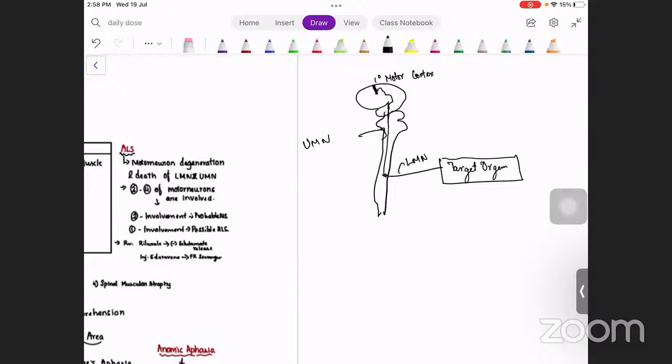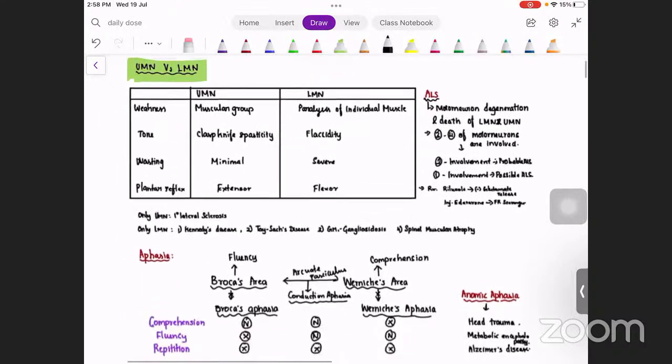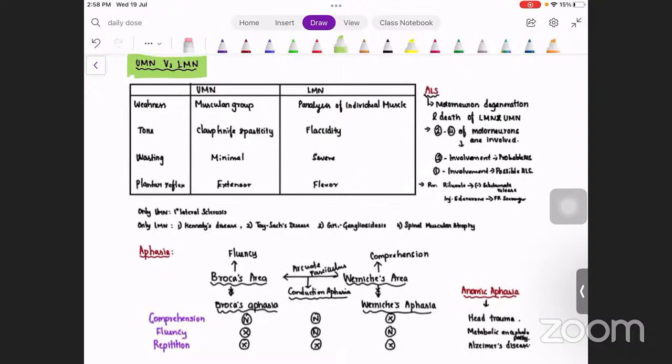Clinically, we have symptoms and certain diseases associated with upper motor neuron defects and lower motor neuron defects. So we need to know first what the UMN lesions and LMN lesions are. In the upper motor neuron, you may see weakness of a group of muscles, while in the lower motor neuron you may see paralysis of individual muscles.